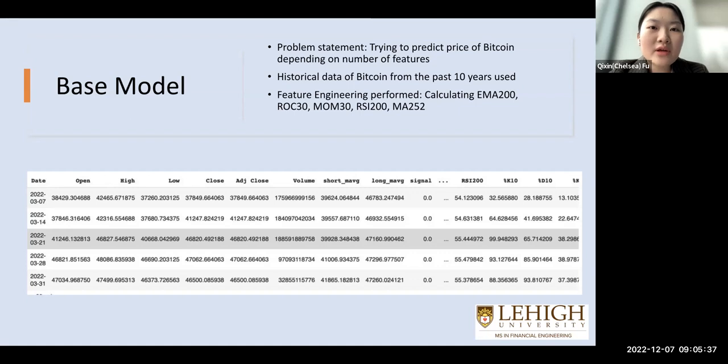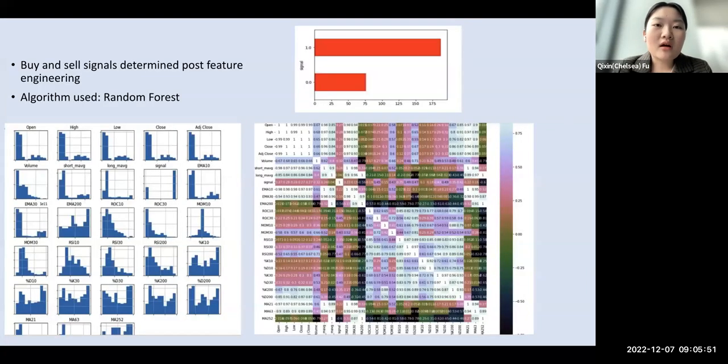We've used the historical prices of Bitcoin from the past 10 years, and feature engineering has been performed with metrics such as indexes like ROC and EMA being calculated. And then the algorithm that needs to be tested for interpretability would be the random forest.